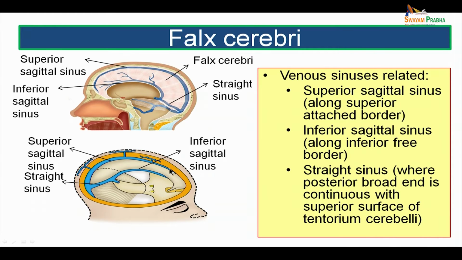Thus, there are these three dural venous sinuses related to the falx cerebri: the superior sagittal sinus, the inferior sagittal sinus, and the straight sinus.